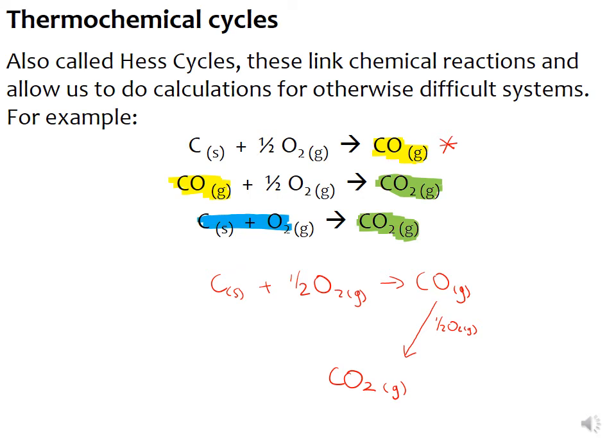Now we don't quite have enough of the O2 gaseous, but carbon solid will react with oxygen to form CO2 gaseous. In our reaction we've got here it's a whole O2, and in this reaction here it's a half O2. So again, I'm just going to put plus a half O2 gaseous next to the arrow to show that it's a condition that we'd need for this reaction to occur. And then what we've got is a thermochemical cycle, a Hess cycle.